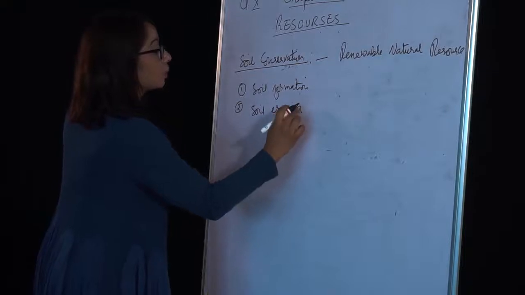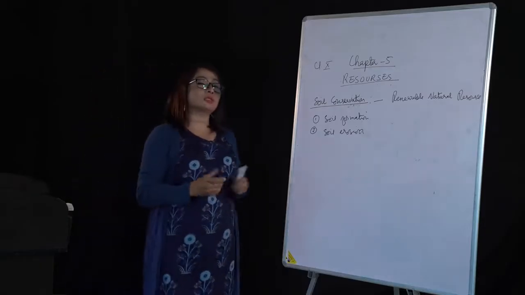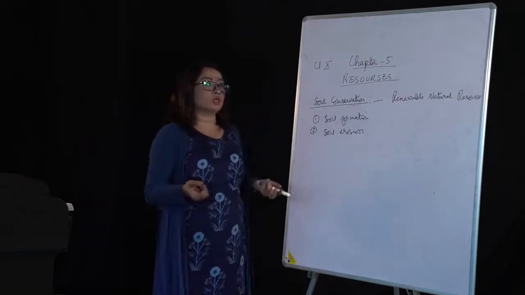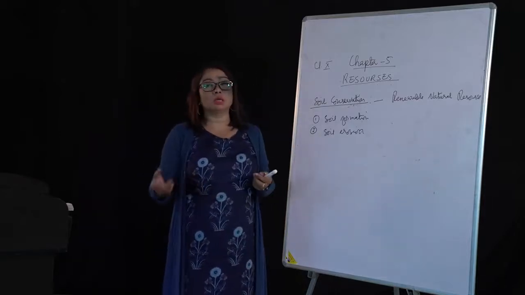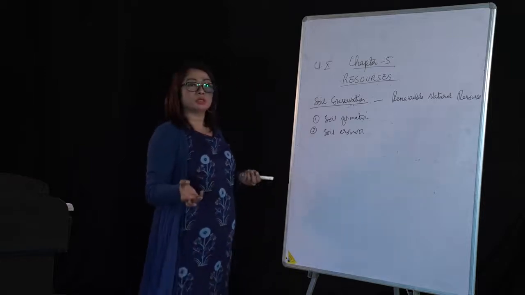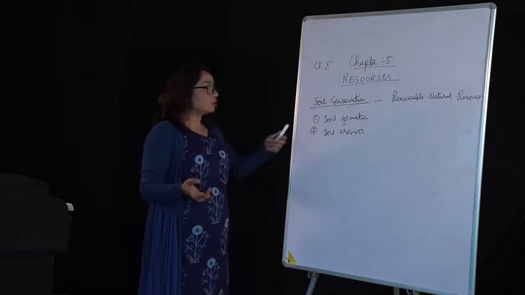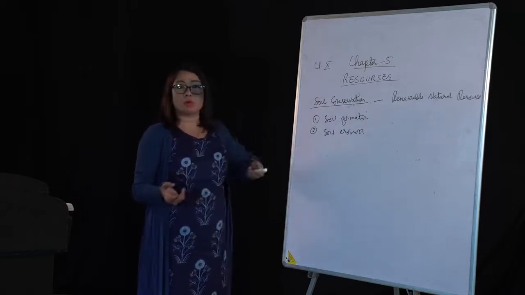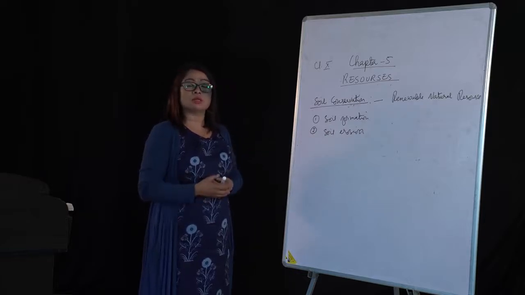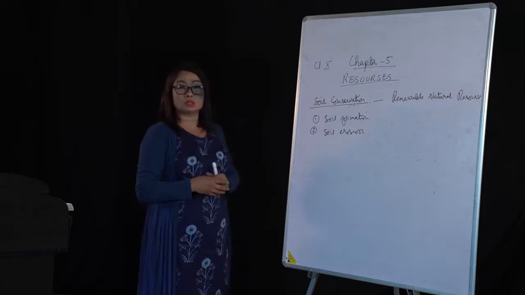These two, soil formation and soil erosion, take place simultaneously, means at the same time. On one hand, soil formation is taking place and on the other, soil erosion is taking place. It takes place simultaneously in nature, and normally there is a balance between the two. But sometimes due to human interference, this balance is disturbed.